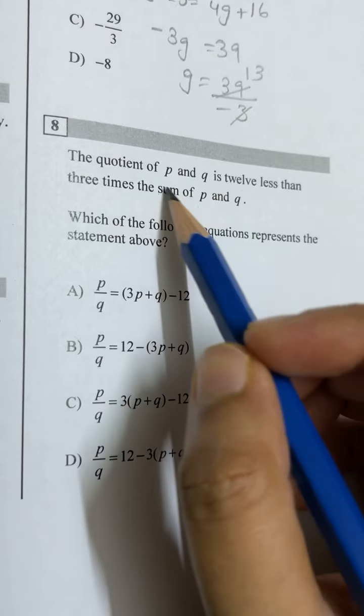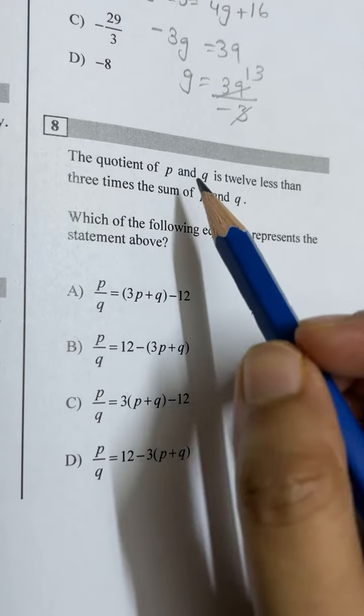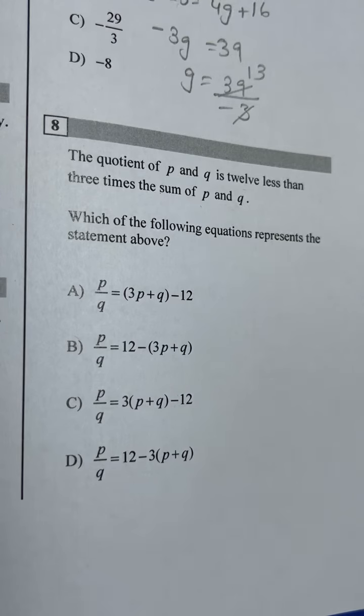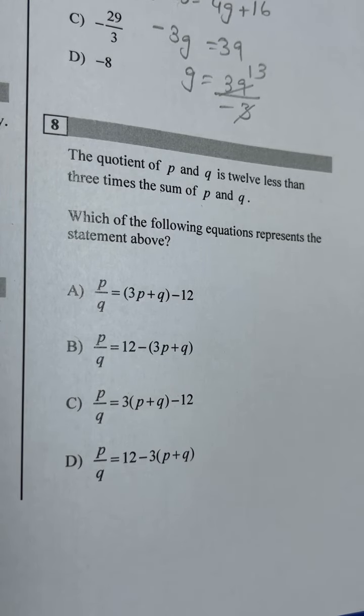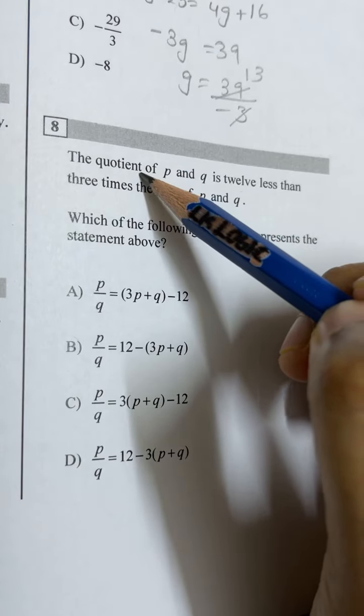Okay, let's solve for the last question. The quotient of P and Q is 12 less than 3 times the sum of P and Q. Which of the following equations represent the statement above? Oh, that's super simple. The quotient always means division.